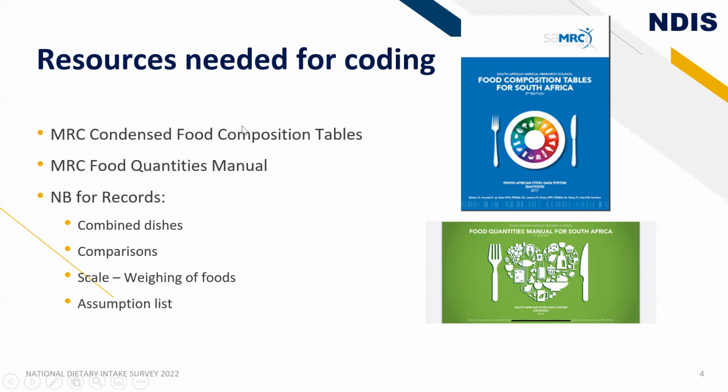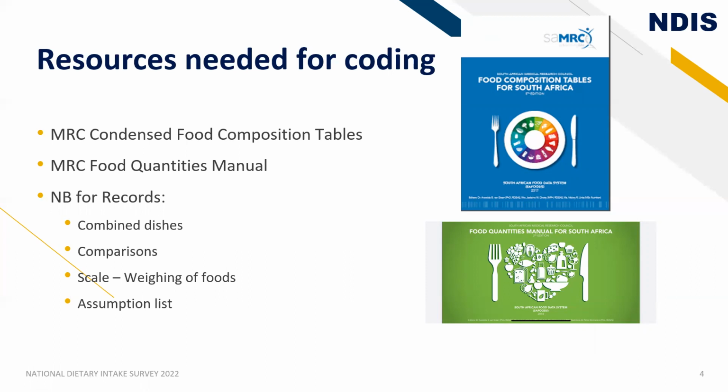So important to keep record of is the combined dishes, any comparisons between foods that are not in the food composition tables and then the food that is there. A scale in case you need to weigh the foods, in case it's not in the food quantities manual and you need to weigh it yourself.